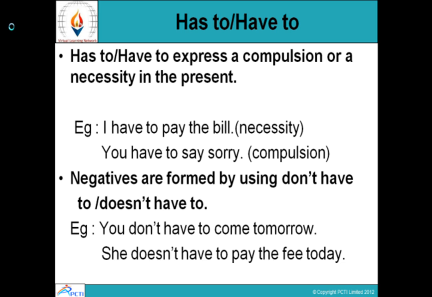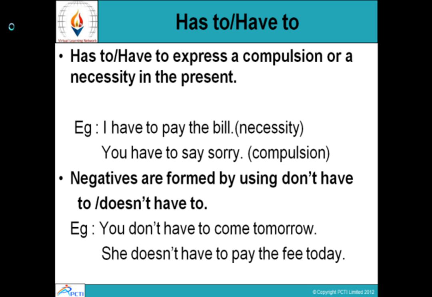When we use these as main verbs to change into negative, we need to have a helping verb. Like in case I read newspaper every day. To change into negative, I don't read the newspaper every day.